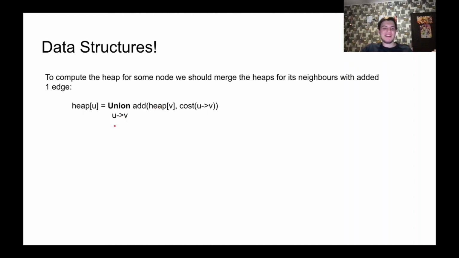So if we have an edge from u to v, it's basically like the simple dynamic programming on the DAG, but instead of just computing the maximum here, we are going to compute a heap, and instead of having a maximum, we are going to have a union. The heap of u is the union of the heaps of the neighbors, with the cost of the edge from u to v added to them. That's the formal definition of getting the heap.